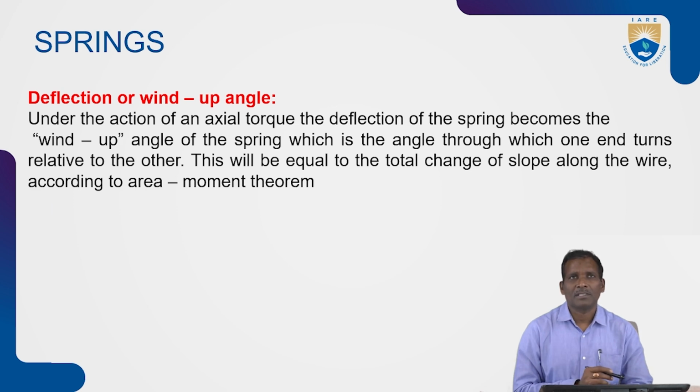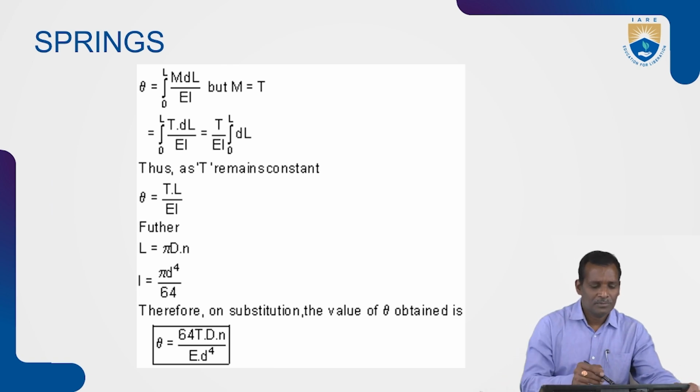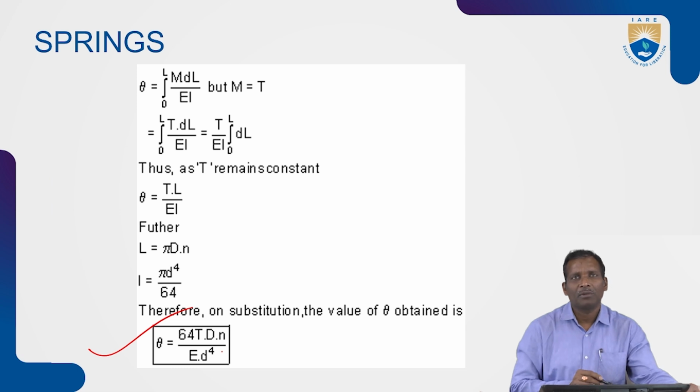Whenever the torque is applied, how much that coil is twisted or turned, that angle is the wind up angle. So you can measure it by using this formula. Theta is equal to 64 T D n by E d to the power of 4.